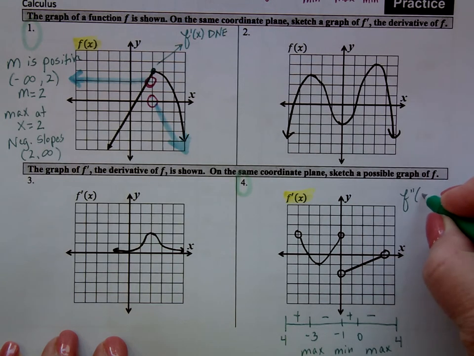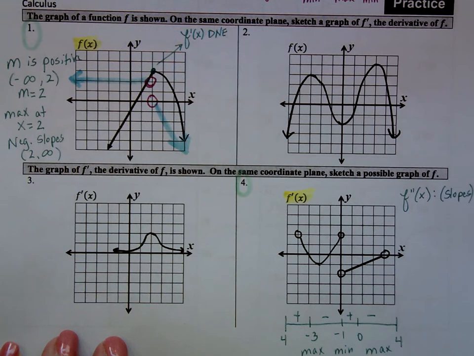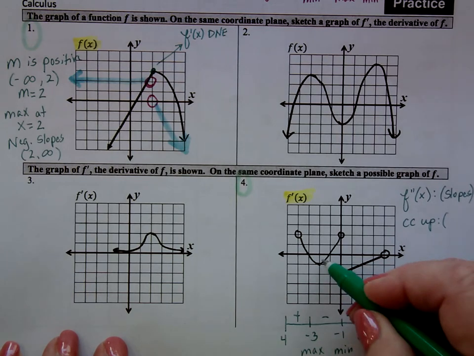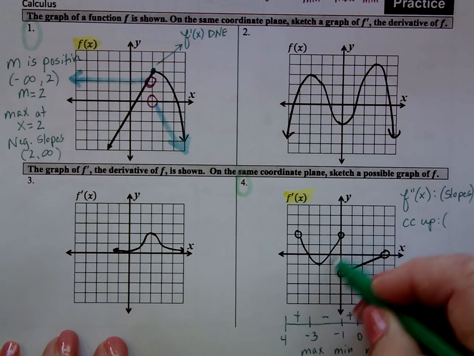So f double prime of x is what I'm looking for. I'm looking for the slopes of this graph. And I can tell that I am concave up from negative 2 to 0, because my slopes are all increasing.